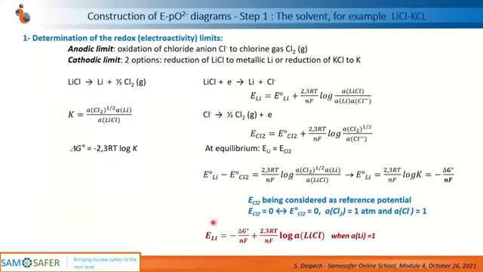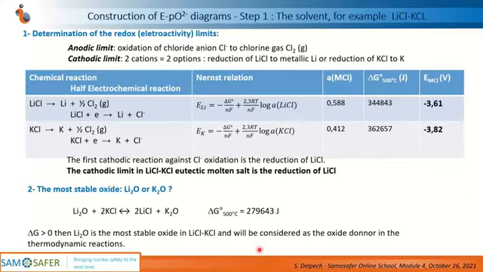So we have calculated the potential of lithium, and in the same way, we can do the same calculation for potassium. For potassium, we have this relation. It's the same as for lithium, but obviously the Gibbs energy is not the same, and the activities are not the same because we take the mole fraction.